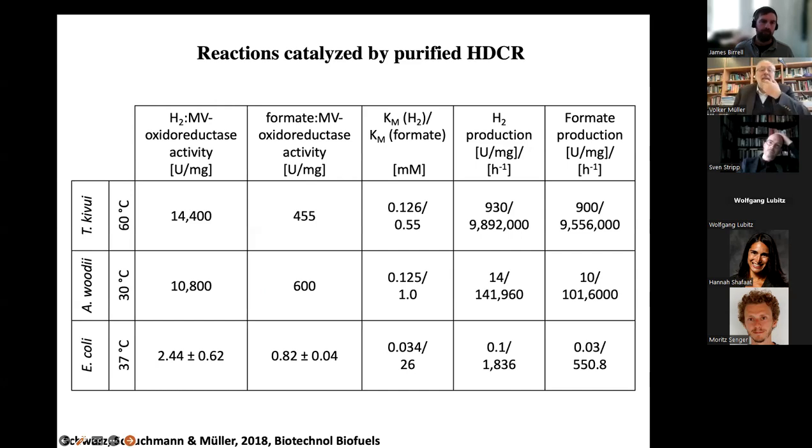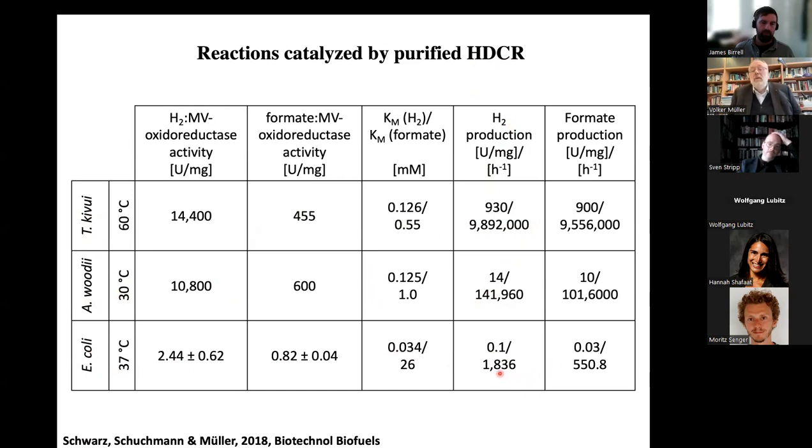The catalytic activities of the purified enzyme, which we call the hydrogen-dependent CO2 reductase, or HDCR for short, are compared here. Here's the enzyme from Thermoanaerobacter kivui at 60 degrees. You see the turnover number here, 9 million. The one of Acetobacterium woodii, the bug that grows at 30 degrees, is 140,000, and you see the formate hydrogen lyase containing E. coli system.